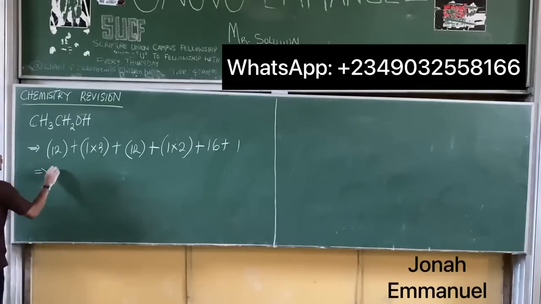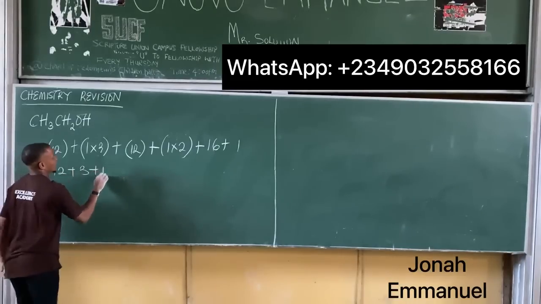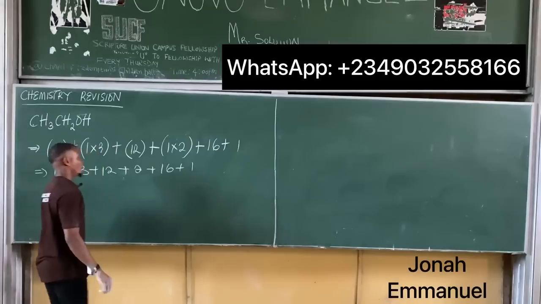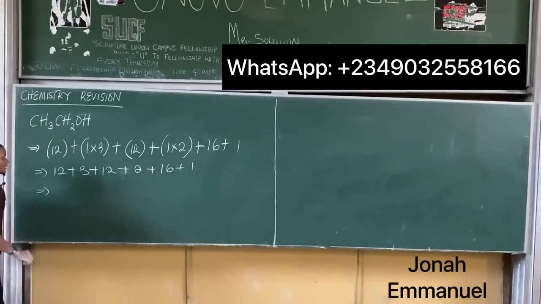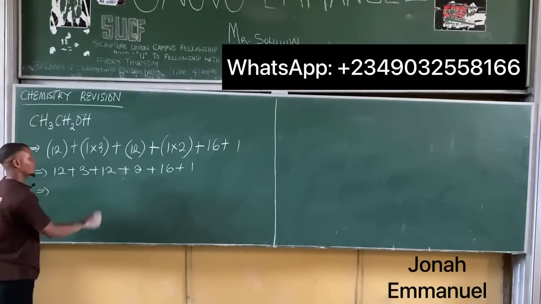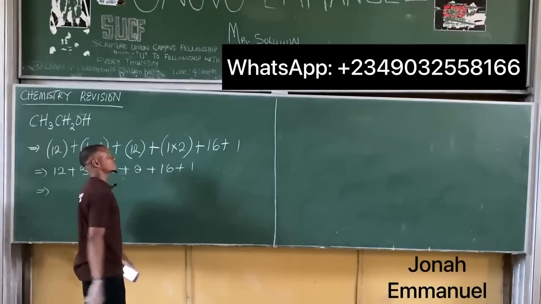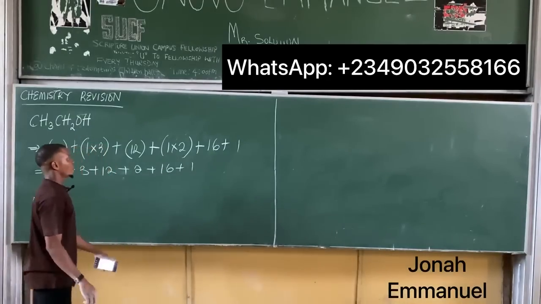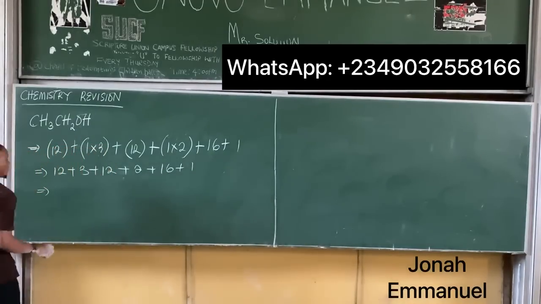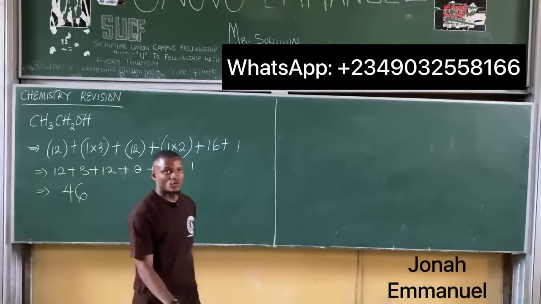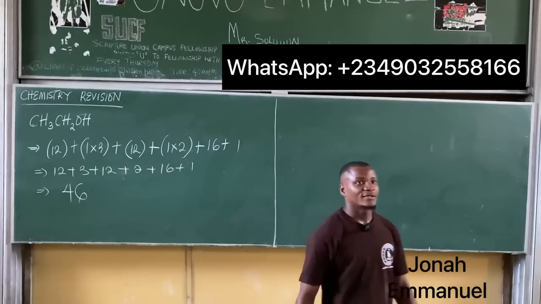This is equal to 12 plus 3 plus 12 plus 2 plus 16 plus 1. This and this 15 plus this 27 plus this 29 plus this 45 plus 1, 46. So is it correct, yes or no? Yes. Why?